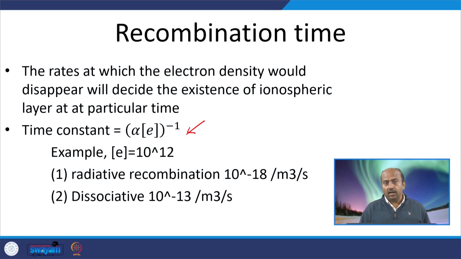We realize that radiative recombination is a very slow process and dissociative recombination is very fast, which means dissociative recombination can take care of all the ions and the electrons in a very short period of time, right. So, the prolonged duration of radiative recombination is what is responsible for some of the ionospheric layers persisting during the night time, right.